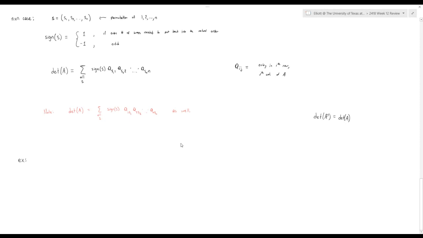Okay, so I wanted to do a 3x3 example. Actually, I'm going to make 2 more comments real quick. In the big formula, I said that this is a summation over all of the permutations, so all of the reorderings of 1 through n. So it's worth noting, how many permutations are there?